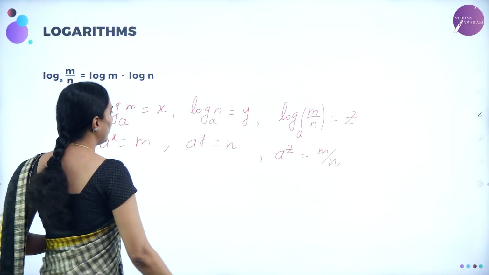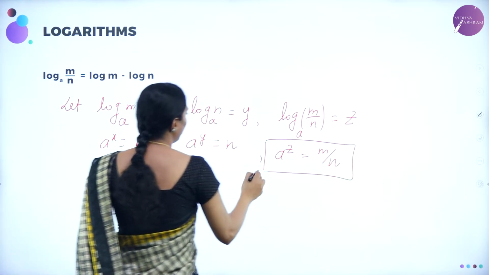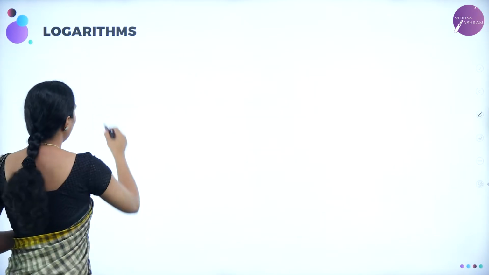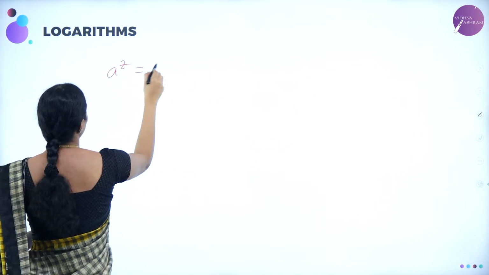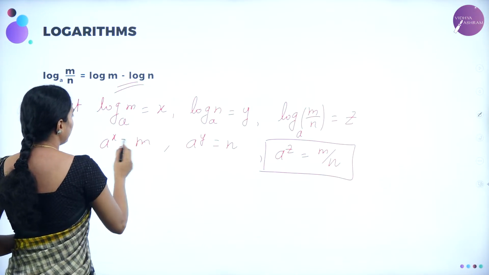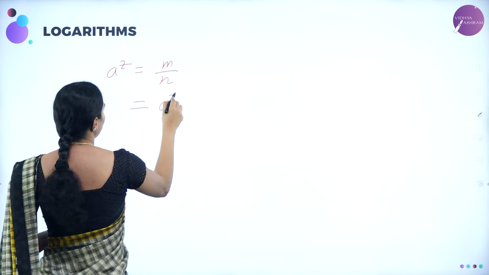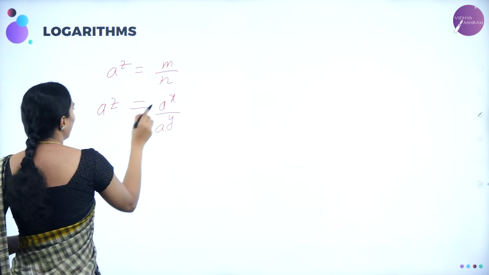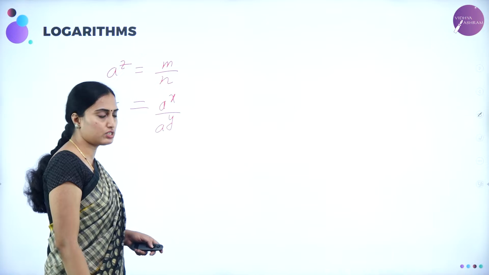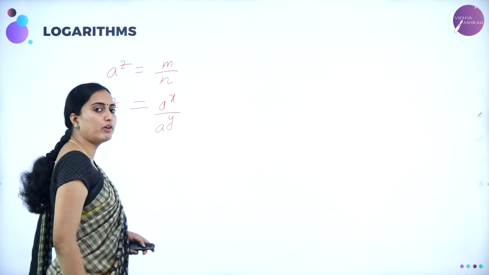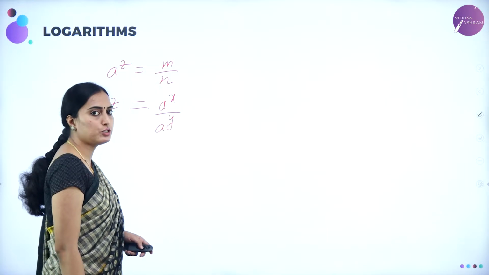Now, I am going to take this and prove this law. Therefore, a power z we know is equal to m by n. Now, substitute: m is a power x, divided by a power y. According to the theory of indices, this will go to the numerator, meaning a positive power automatically changes to a negative power.